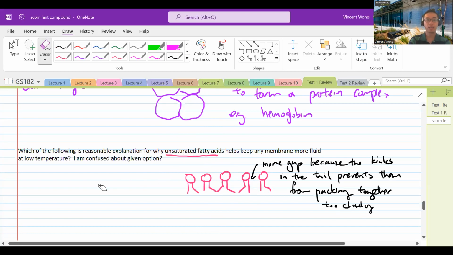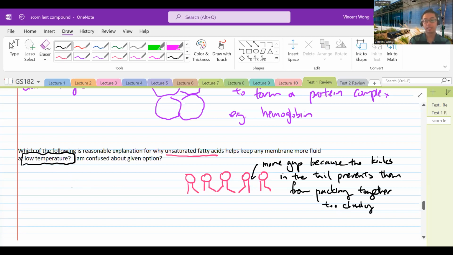However, if we have a plant that grows at low temperature, then it's okay. In fact, it is probably a good idea to have more unsaturated fat, because otherwise, the low temperature would cause the membrane to be too solid, too rigid. Think about putting butter into the fridge. It's going to become solid.